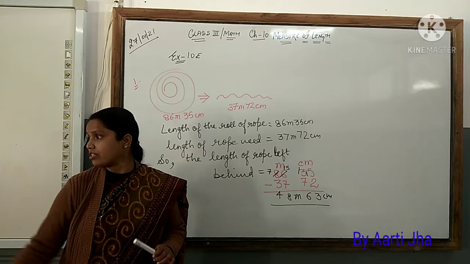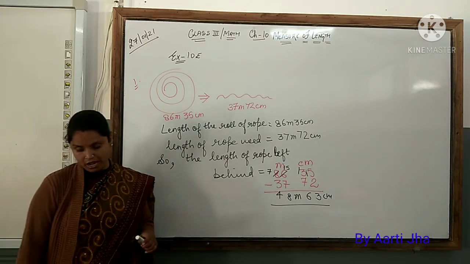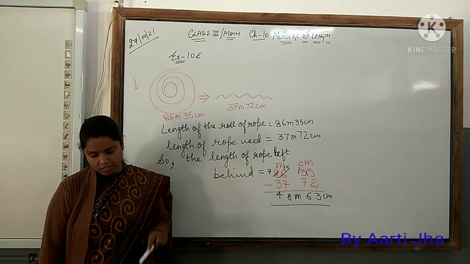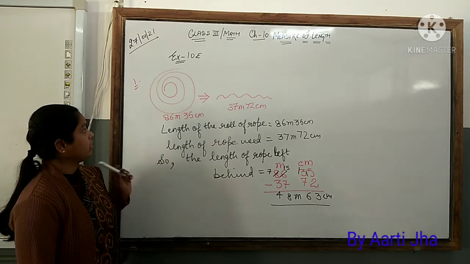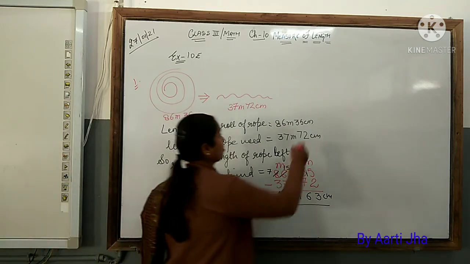Now this next question says the distance between two towns is this much. A bus has covered this much distance. How much distance is left to be covered? This question is question number 2. The distance between two towns is given, children.